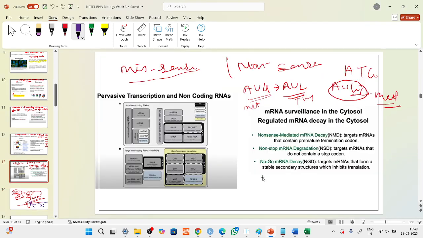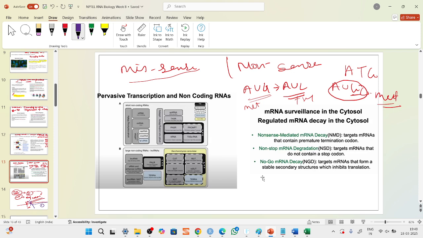The first one is the missense mutation, where the sense of the codon has been changed. Earlier, that codon used to code for some amino acid, let's say methionine. Because of this missense mutation, that codon now codes for some other amino acid, let's say tryptophan. So that is your missense mutation.